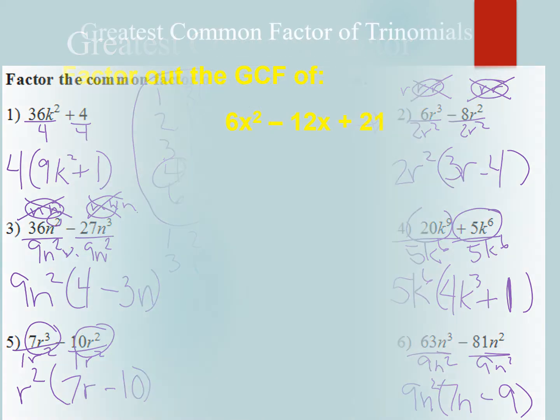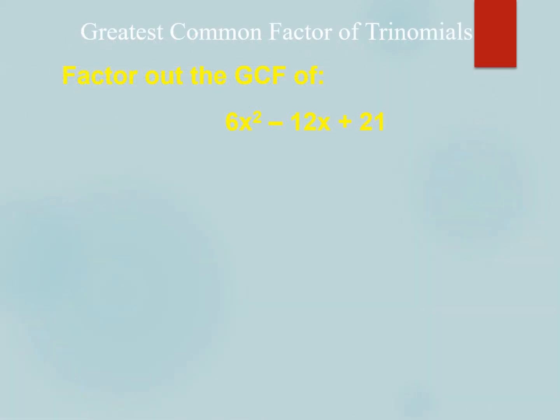Okay. All right, just going through a few more here. They don't all have to have 2 terms. It can be a trinomial. But again, they all have a greatest common factor here. Okay. So when I look at this, I might immediately think, oh, they have 6 in common, but that number 21 doesn't have 6 as a factor, so I can't use 6. All 3 terms have to have that greatest common factor.